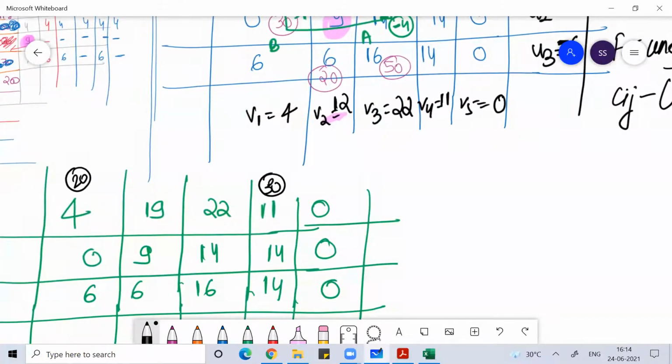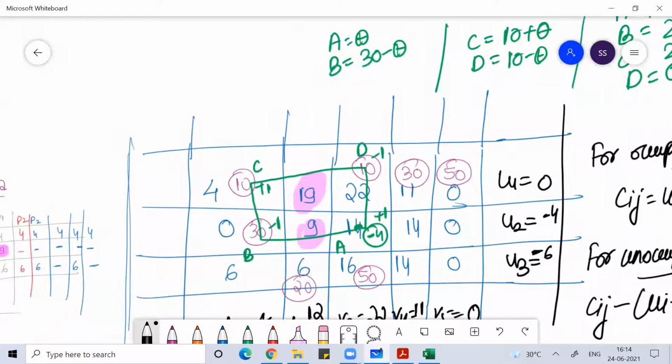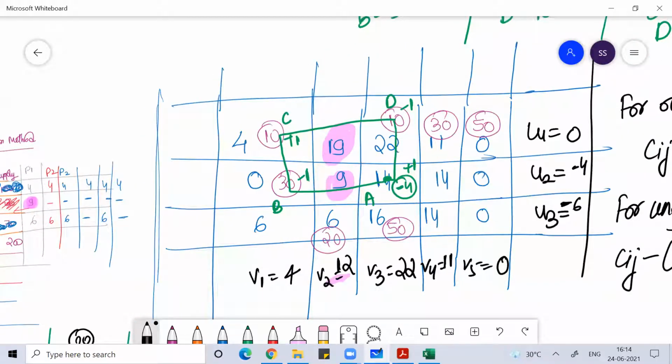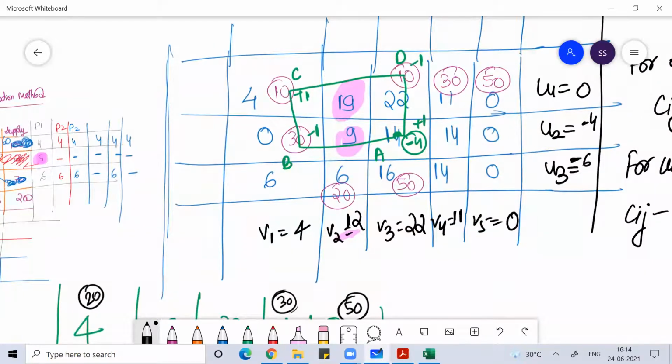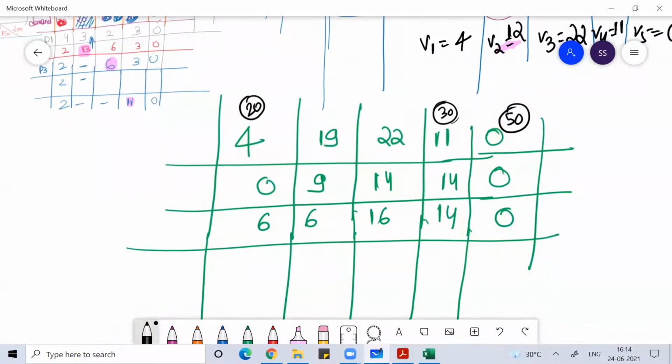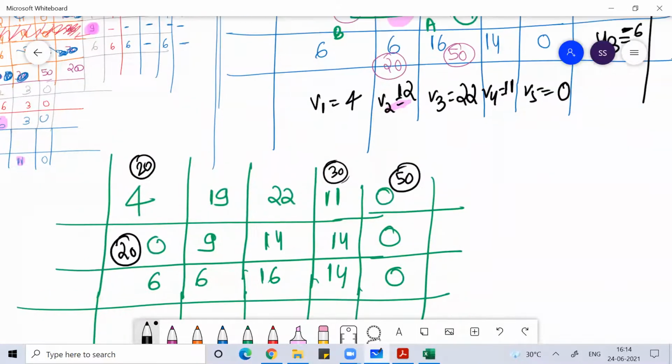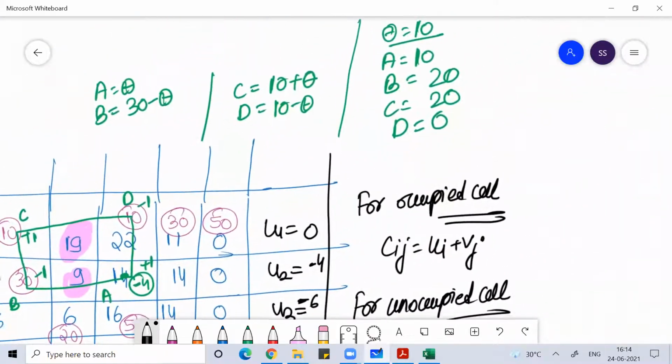And 0 would be 50 allocation. Then B would be equal to 20, and A would be 10, with 14 allocation.